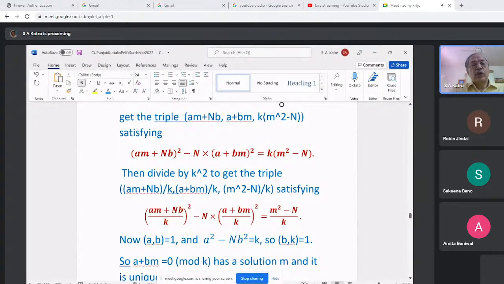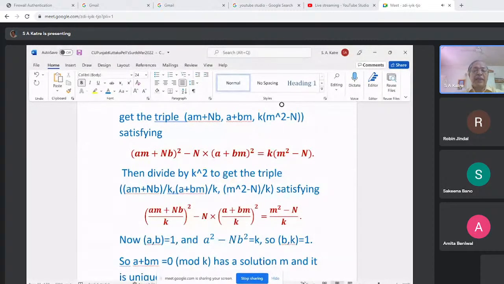So divide by k square to get the triple (am plus nb) divided by k, (a plus bm) divided by k, (m square minus n) divided by k, and it satisfies ((am plus nb) upon k) square minus n times y square.